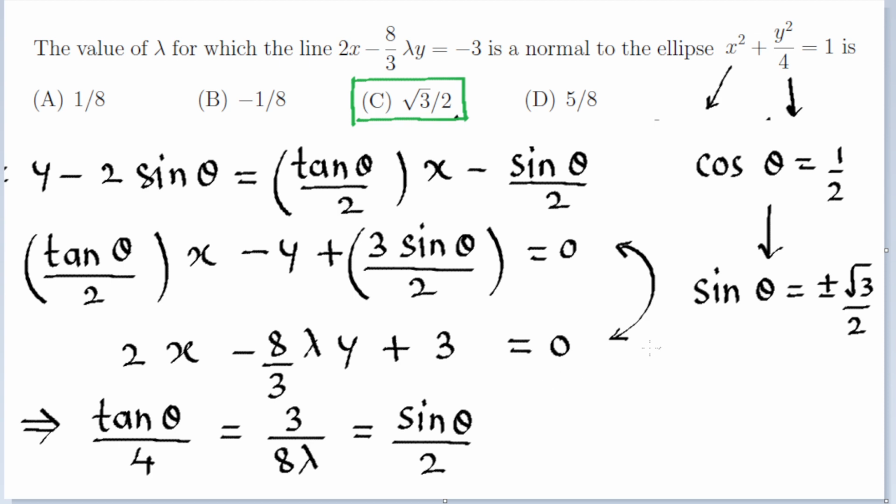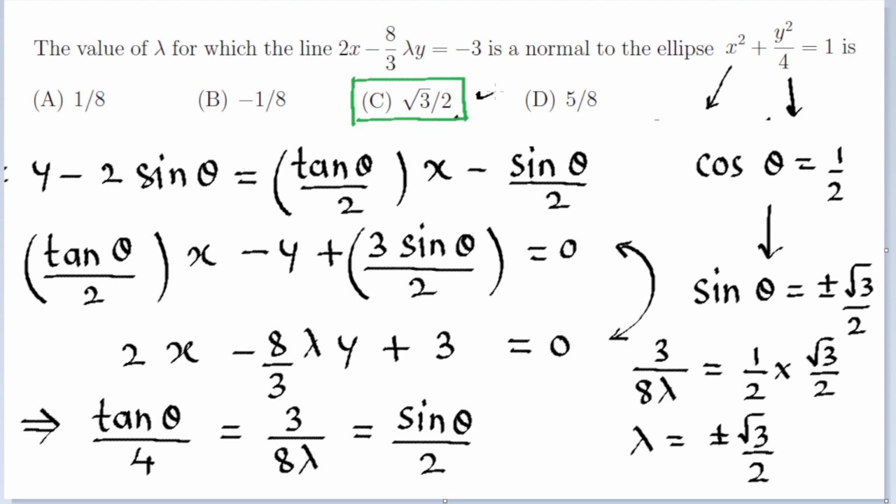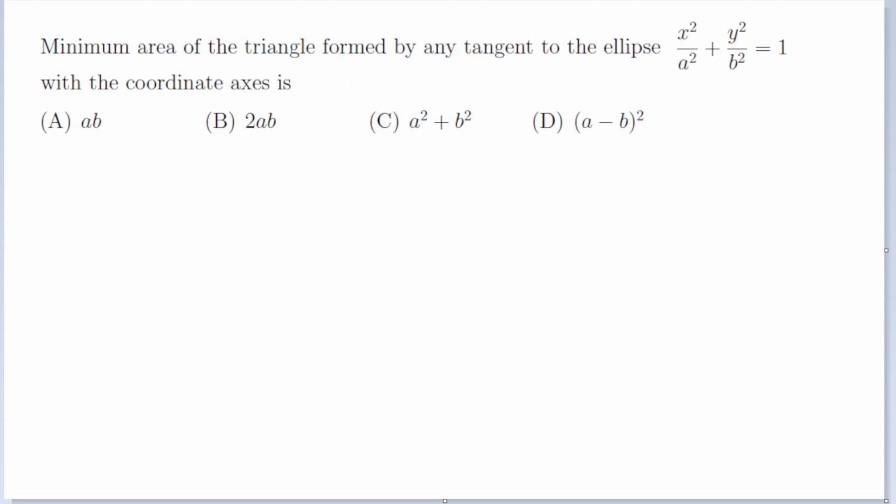We will get 3 upon 8 lambda equal to 1 by 2 into sine theta, which is plus or minus root 3 by 2. You will see that there will be cancellations, and finally you will get lambda as once again plus or minus root 3 by 2, right? So that's the answer. Let's go to the next question now.